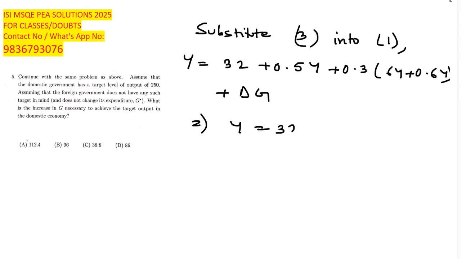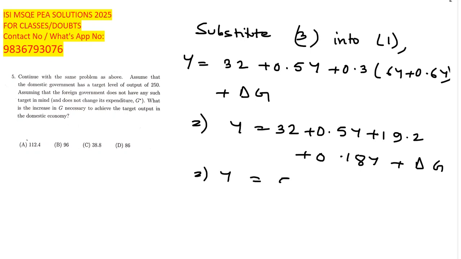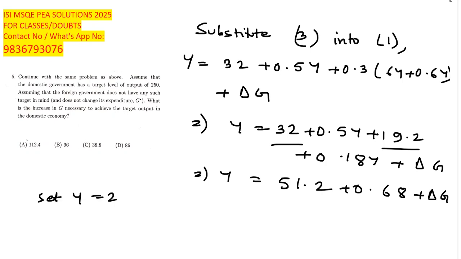So y equals 32 plus 0.5y plus 19.2 plus 0.18y plus delta G. Now y will be 32 plus 19.2, so 51.2, plus 0.68y plus delta G. As it is given, we set y to 250 and put that value in.